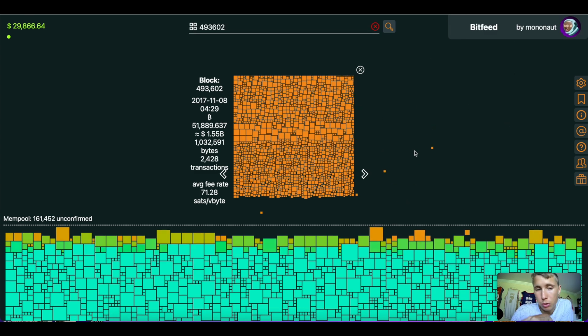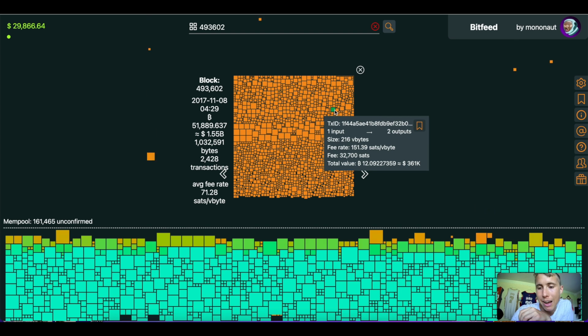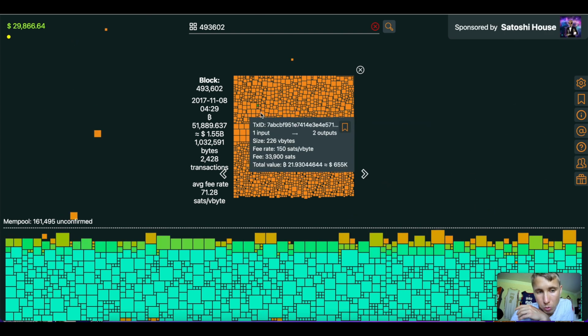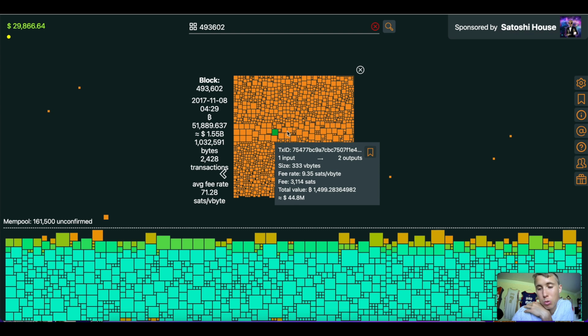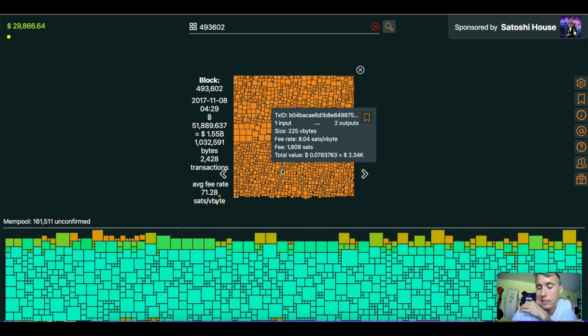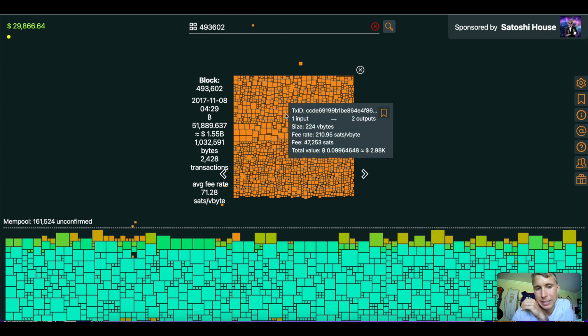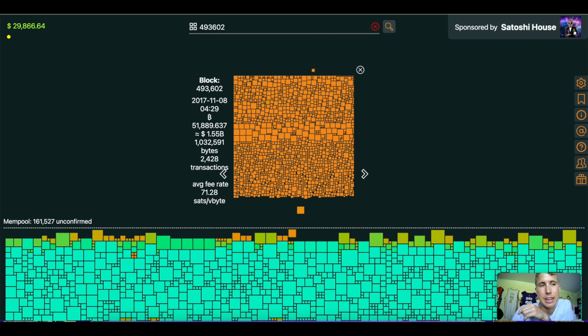TLDR, what we can do now with our Bitcoin blocks is that we can parcel them out. Each of these individual squares can actually be sold or given out to other people. So this whole entire district is the individual bitmap, and all of these different parcels are different transactions that happen inside that block.